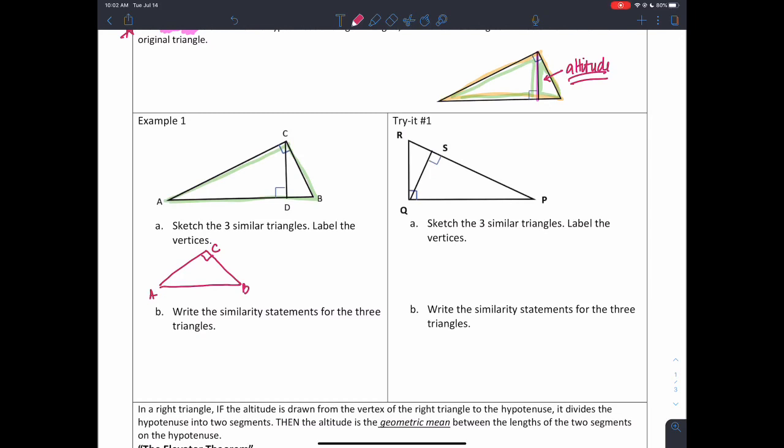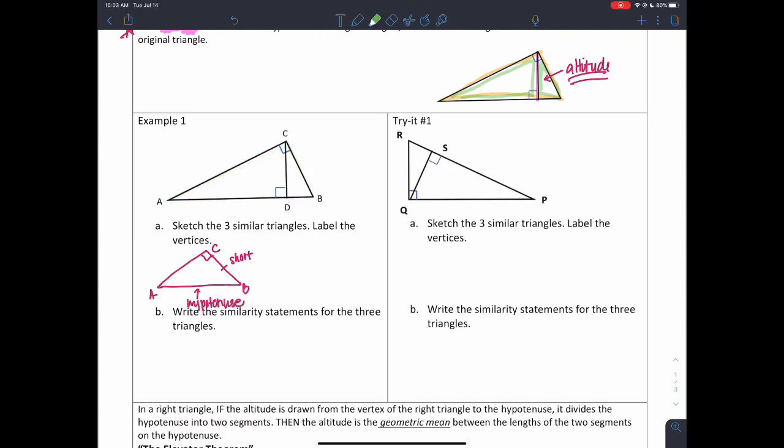And just take note of what sides are the shortest and the longest. So we know that AB is our hypotenuse, which is the longest side, and CB is the shortest. Okay, and this will help us draw the other triangles as well.